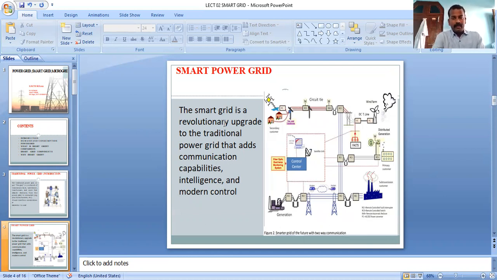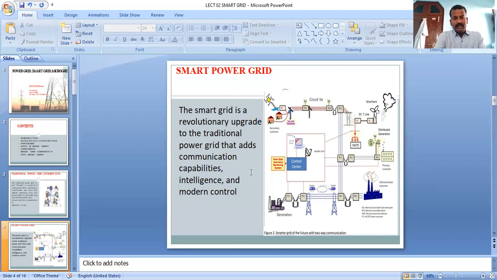If it varies, as you know, frequency varies as per load change. If load changes, frequency and voltage or currents increase or decrease. Due to faults, there is sudden change in the power system.